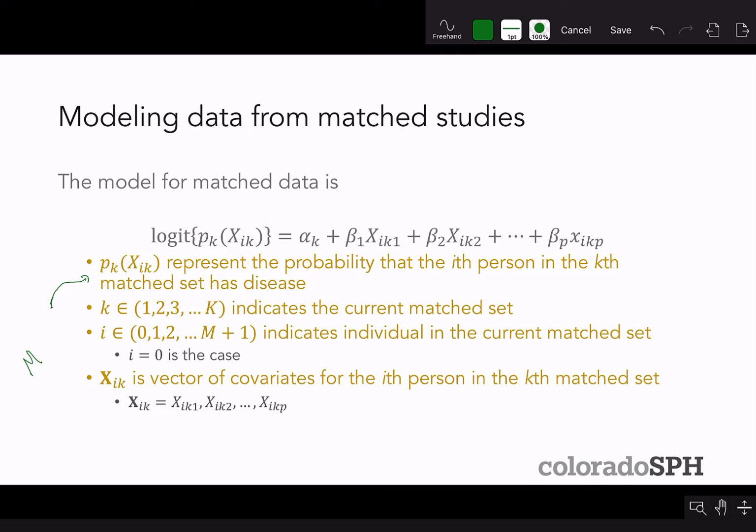I'm assuming one case here. And i equals 0 indicates the person who's the case for that set. And this bold x_ik is a vector of covariates for the ith person in the kth matched set.